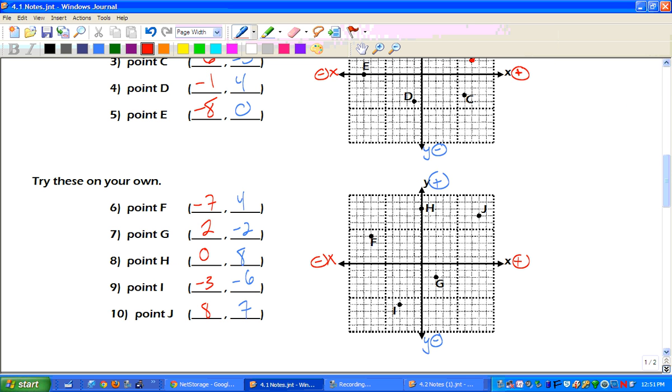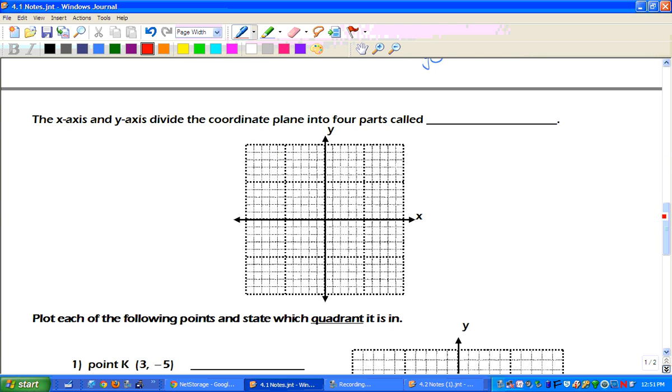Okay, how'd you guys do? Just remember on point H right here, you did not go to the left or the right, so that's a 0. Okay? All right, let's go ahead and flip it over. Now, if you notice this, the graph is cut into 4 equal parts. And what those 4 parts are called, those are called quadrants.